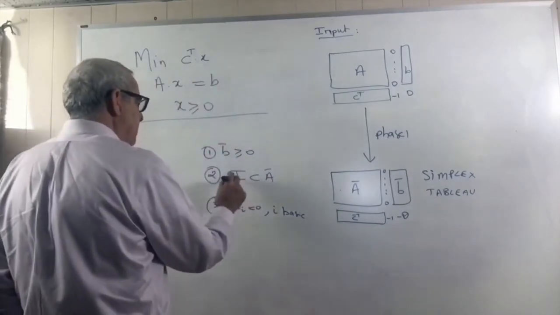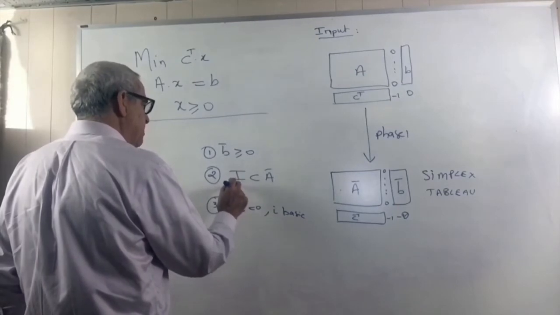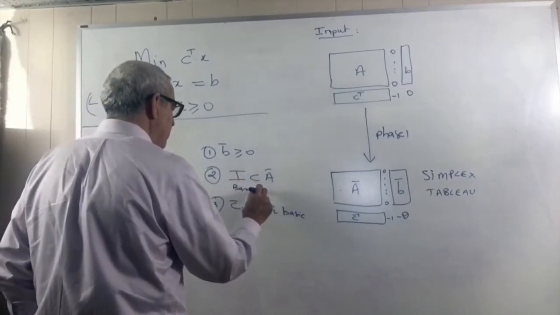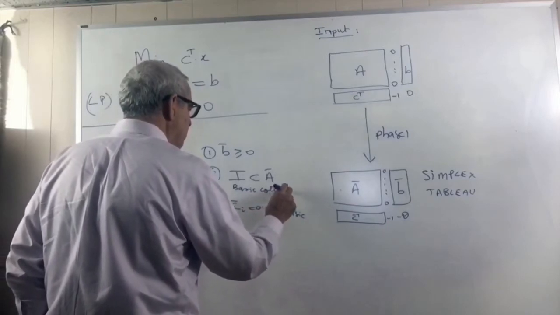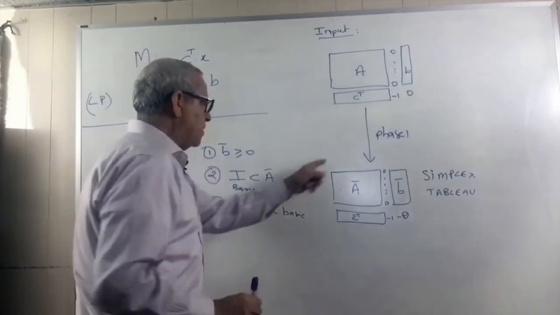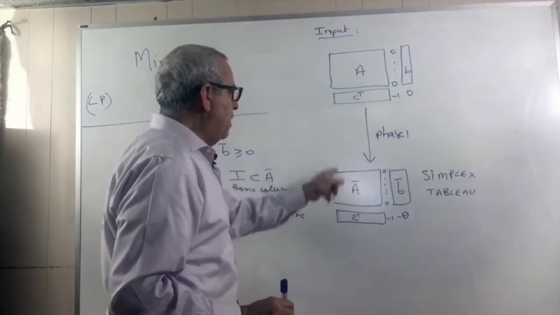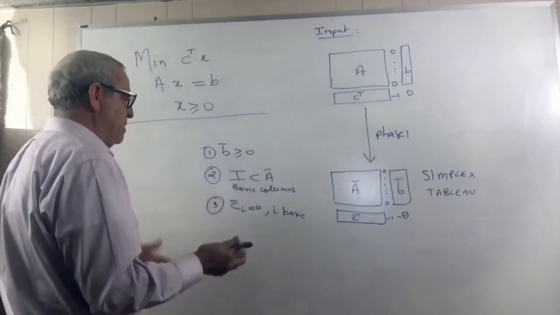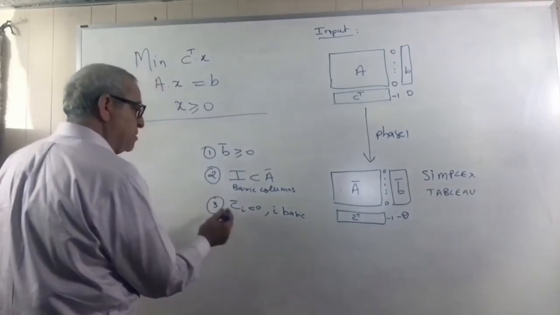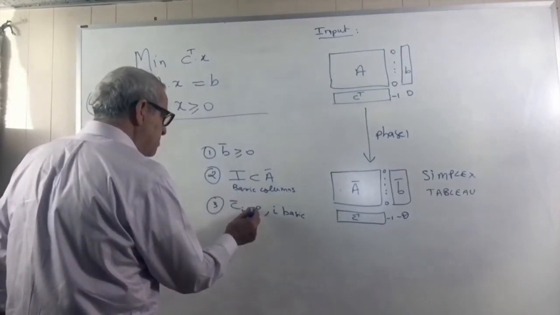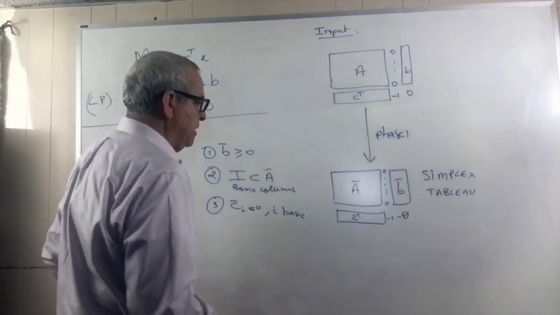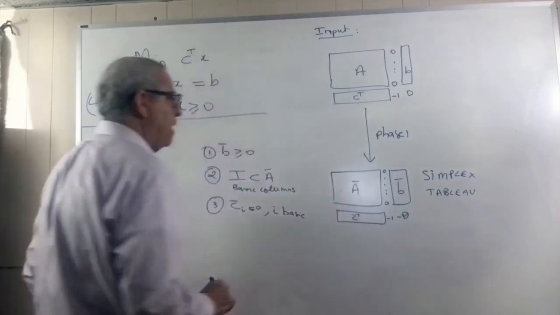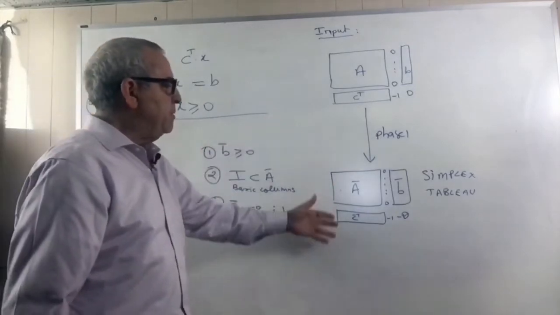Where the columns of the identity matrix are, we call those basic columns, and the other ones we call non-basic columns. So the third condition is C bar of i equals 0 when i is basic. That is, under the identity matrix, the coefficients are all zeros. Then we call this a simplex tableau.